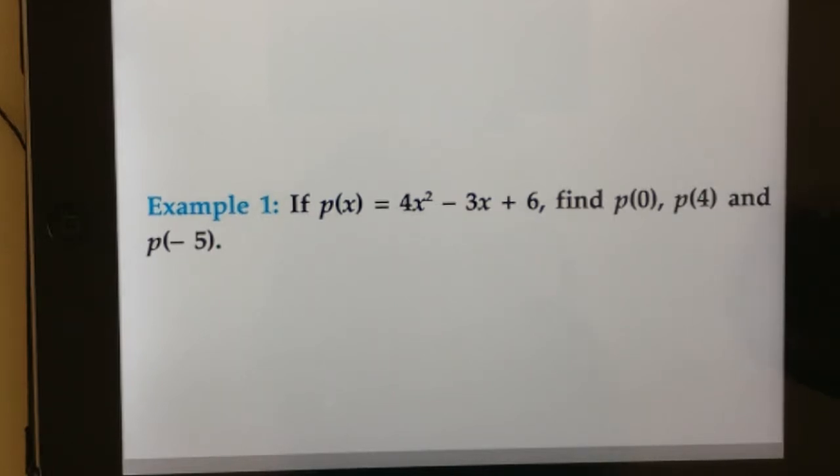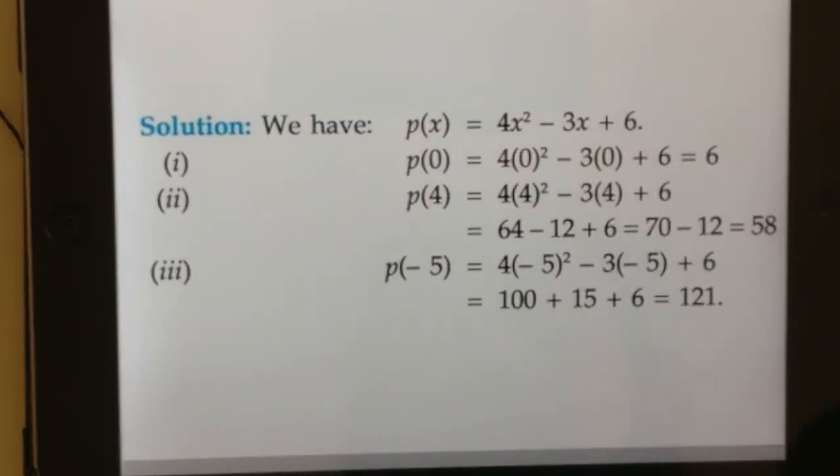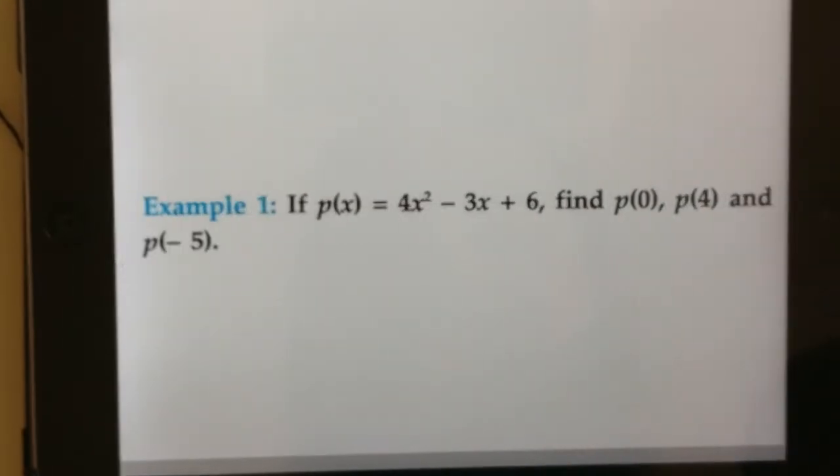Don't expect me to do this very easy, simple question. You also try. Then only you will get the confidence. So first answer: if you put the value of x as 0, the value of this polynomial becomes 6. Let's check the answer. Yes, the answer is correct.